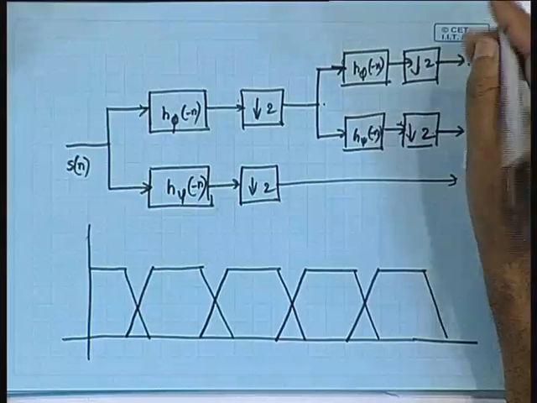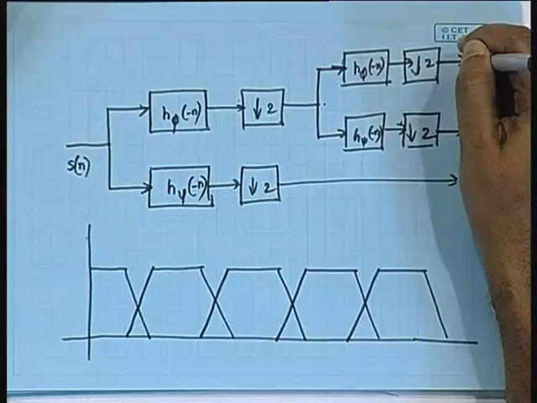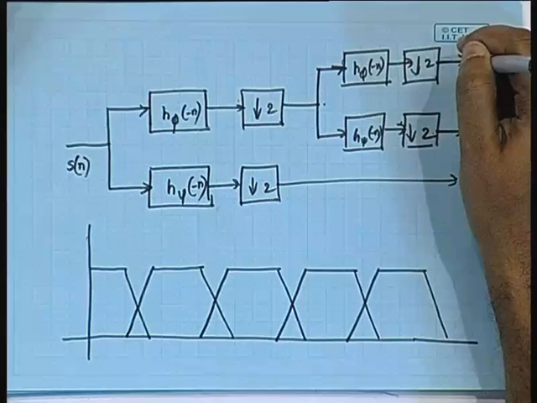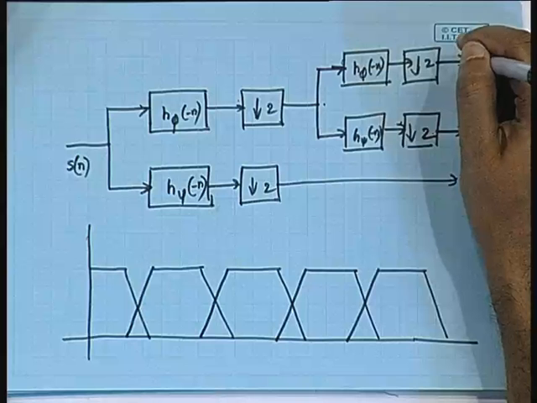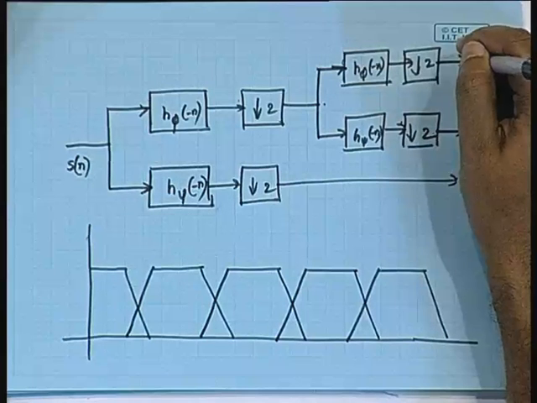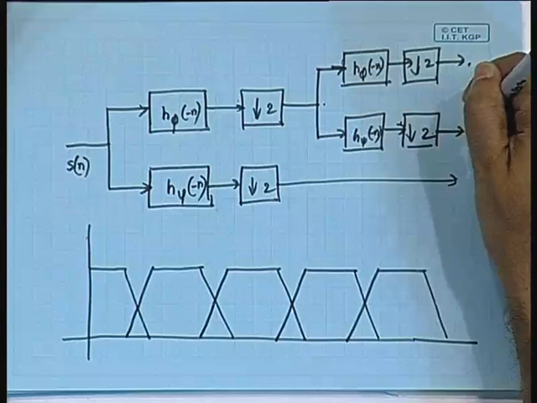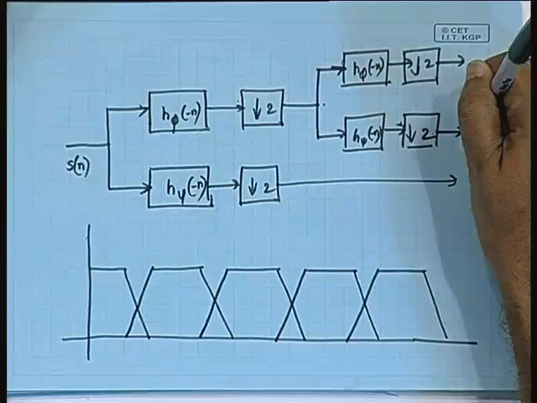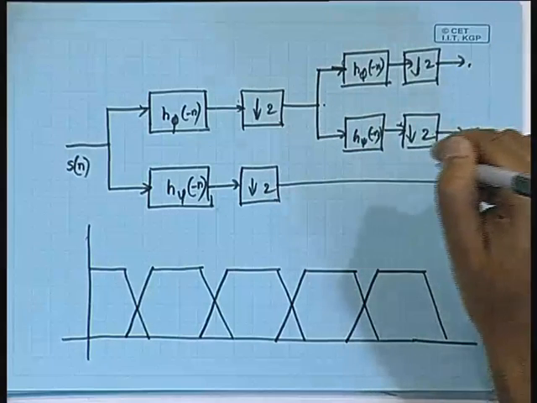In fact, what happens is that the ultimate low pass filter is this, which will have 1/4 of the original bandwidth. This will also have 1/4 of the original bandwidth, and this will have half of the original bandwidth.